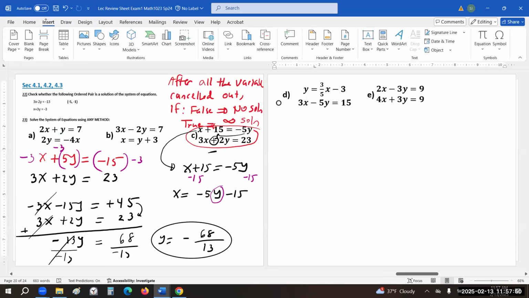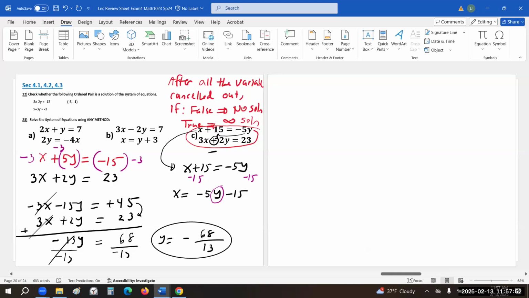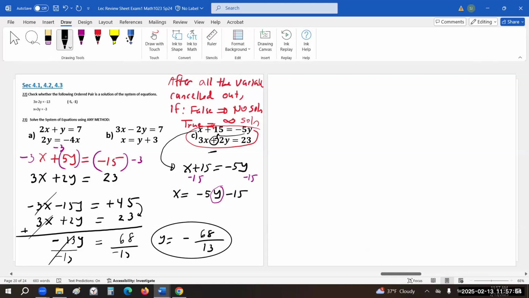Let me do it here. So we get x equals negative 5 times negative 68 over 13, and then minus 15.